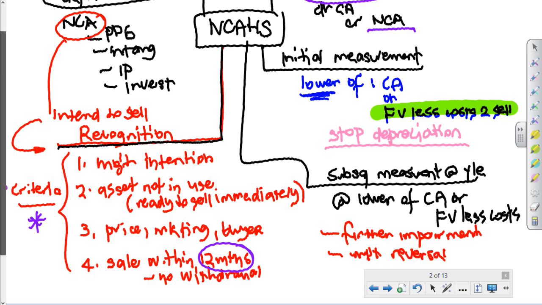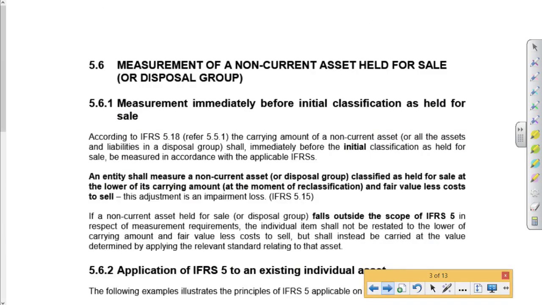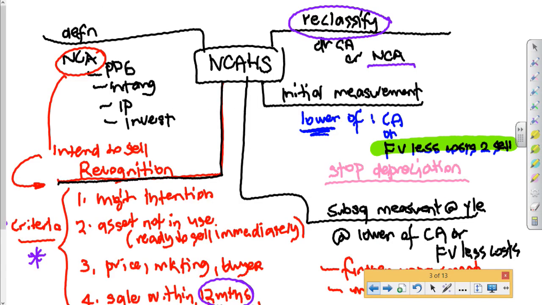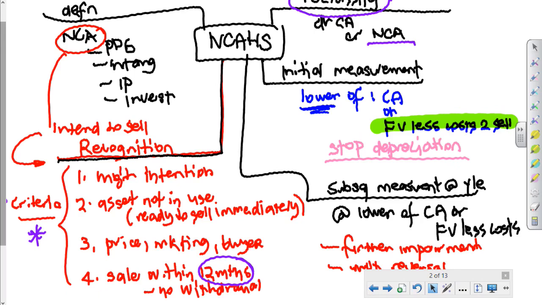So let me just take you through a quick example of how this would look, at a very high level, and then we're going to practice some of the examples that are in the study guide. So there's one more thing that I need to tell you. Over here with this measurement, there's an exception.